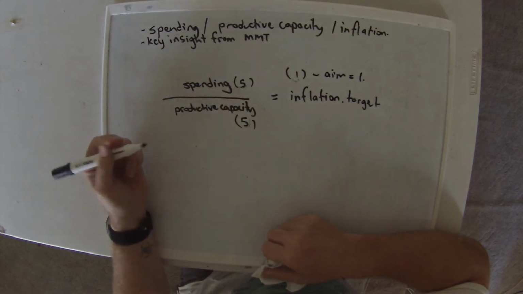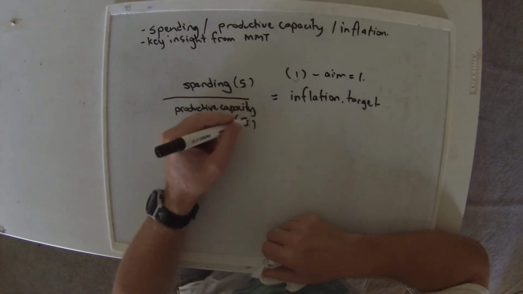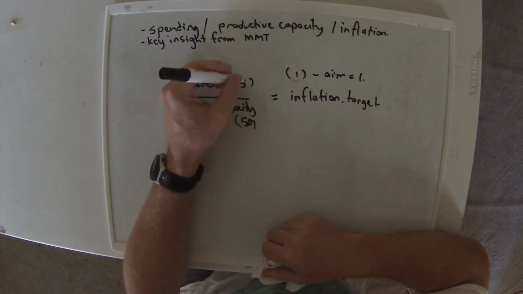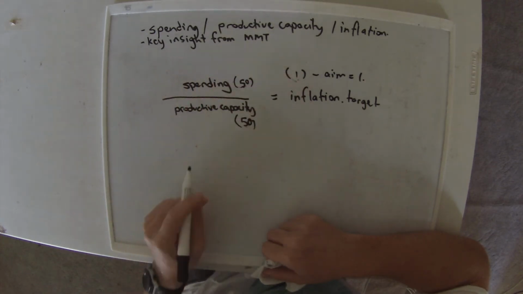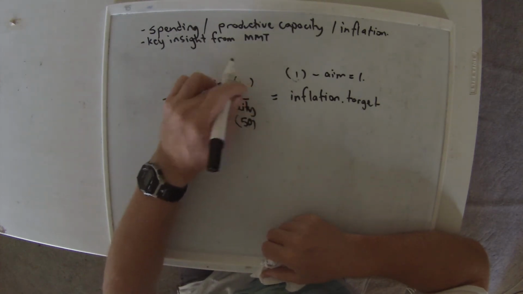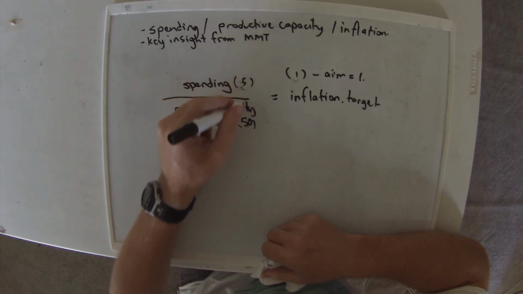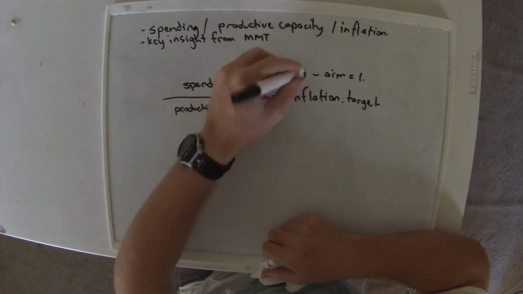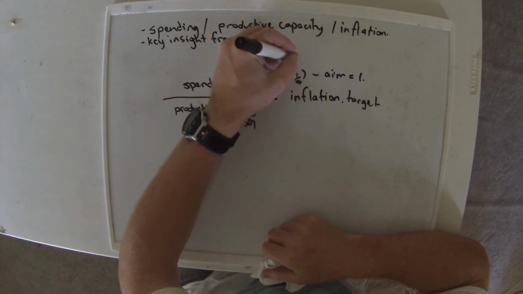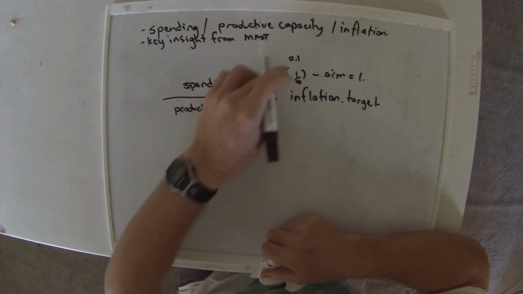And going the other way, if we made productive capacity 50, what do we have to do with our spending? We have to balance them up. If we didn't balance, if we just left spending at 5, then as a fraction, 5 on 50 is 1 on 10, which is 0.1, which is miles below our target of 1.